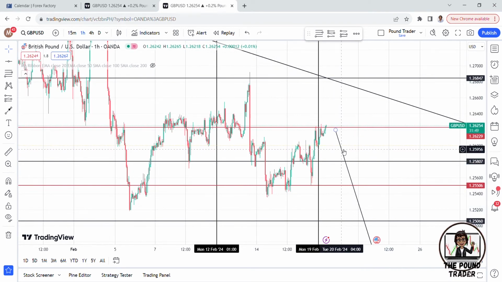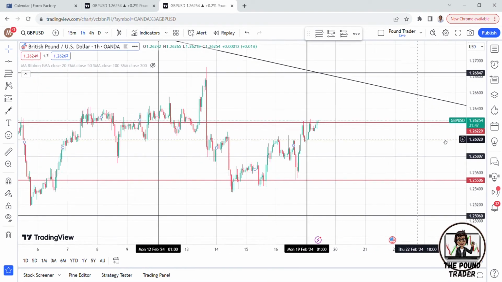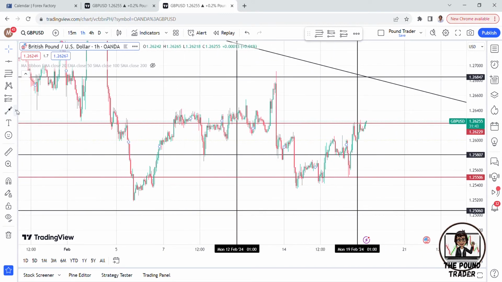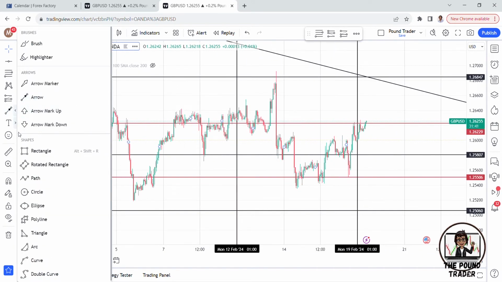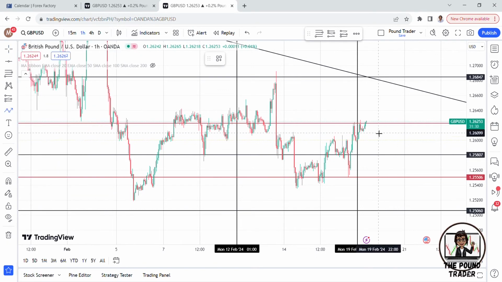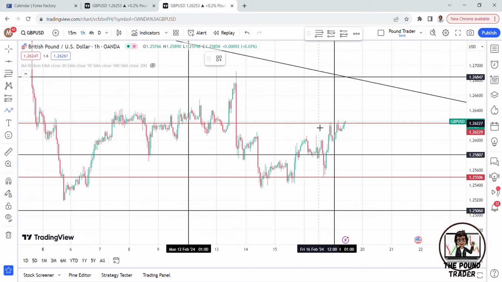So in the 1-hour time frame for today, I see today there's a public holiday, a bank holiday. Today morning I was looking for price to reject around this level here, and this color that I have in a different color is Friday's high and this is Friday's low.